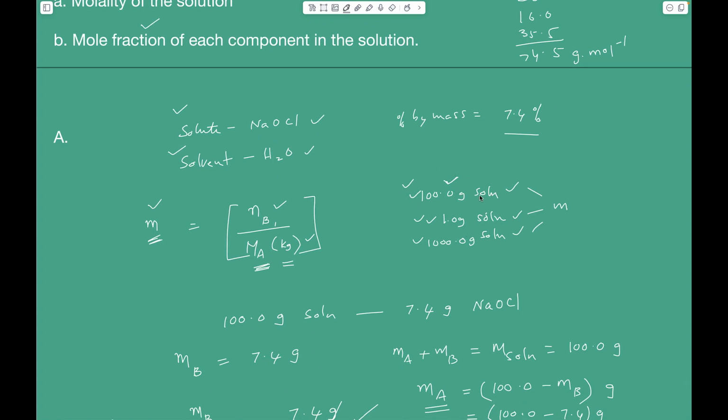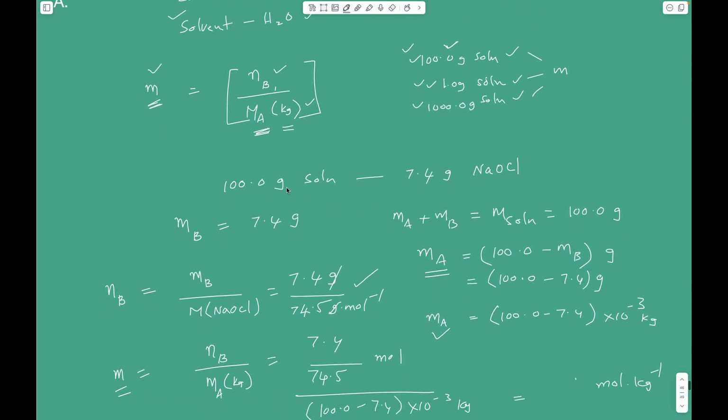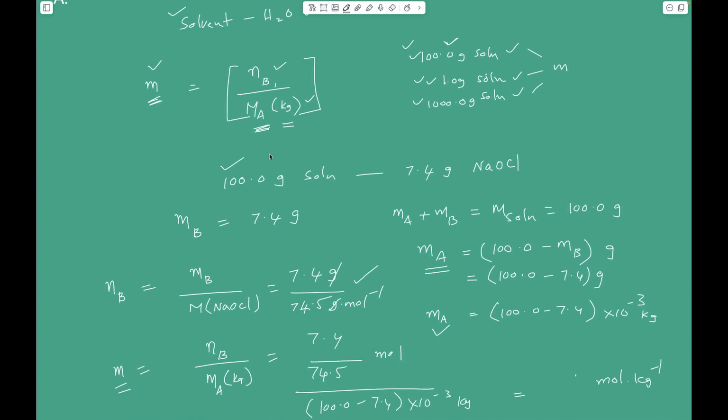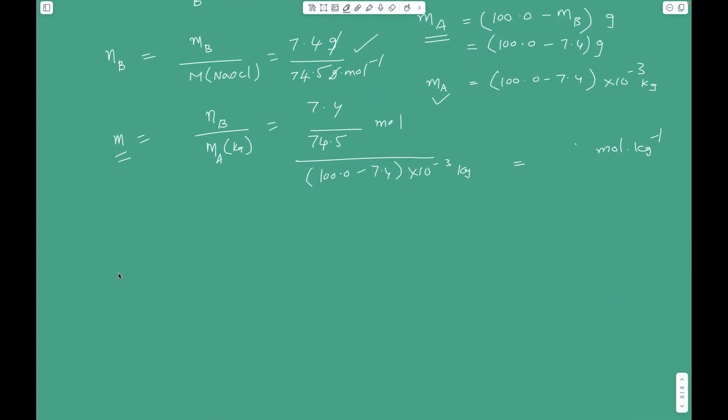It must be same whether you take 100 grams or 50 grams or 1 gram or 0.5 gram of the solution. So let us go with 100 grams of the solution again. So the mass of the solute is 7.4 grams and the mass of the solvent is 100 minus 7.4 grams.